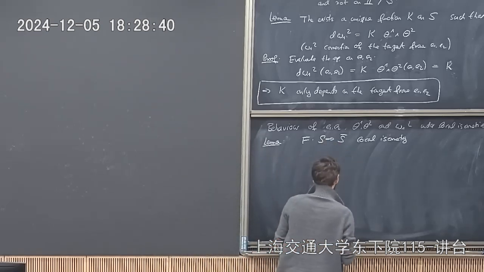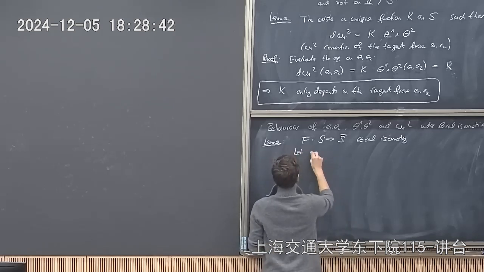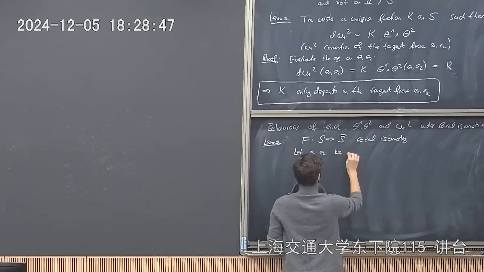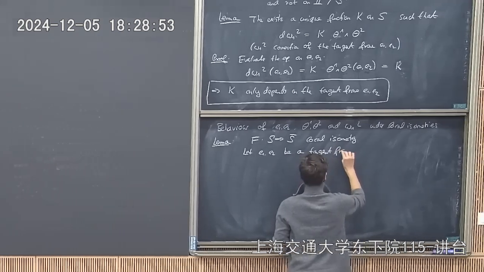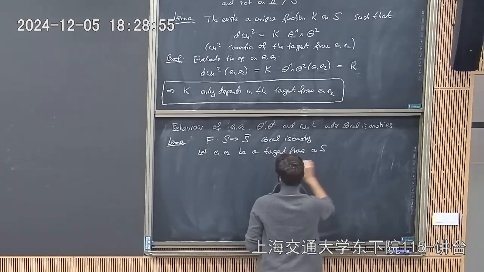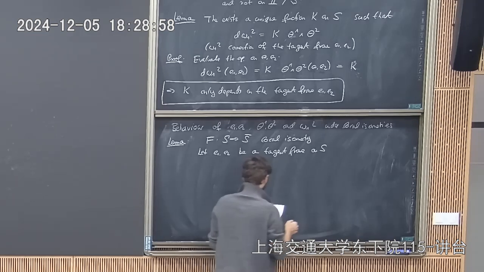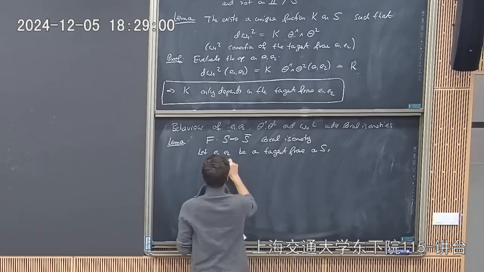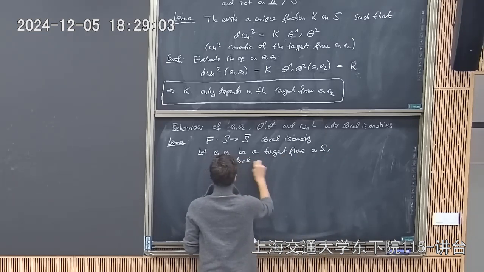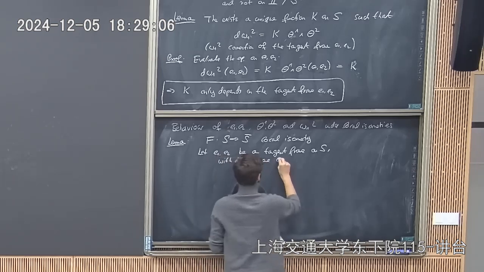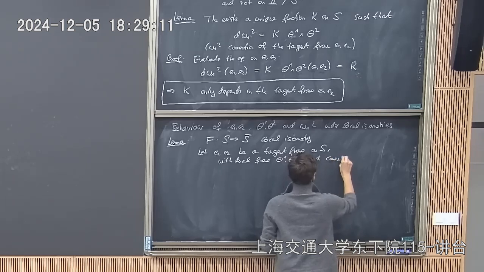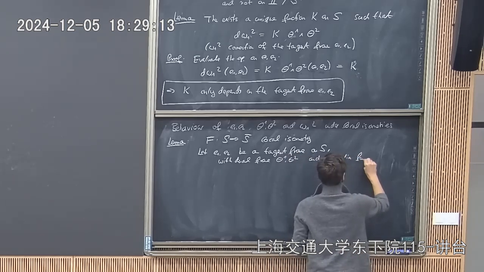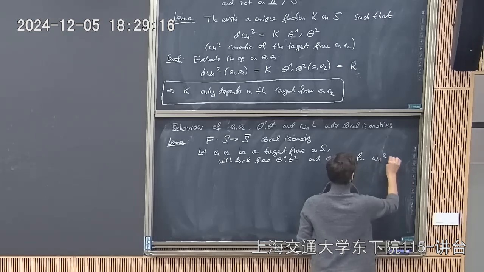And then let E1, E2 be a tangent frame on S, on the first surface, with dual frame theta 1 and theta 2 and connection form omega 1, 2.